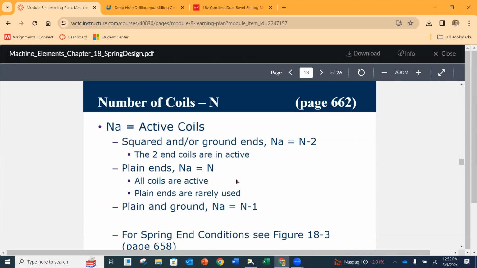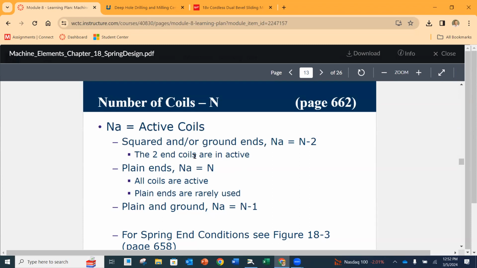The next is number of coils, which we're always interested in for a spring. Number of coils is called out as capital N, and there's something called active coils. Active coils is how many are actually doing the work when this is in operation.